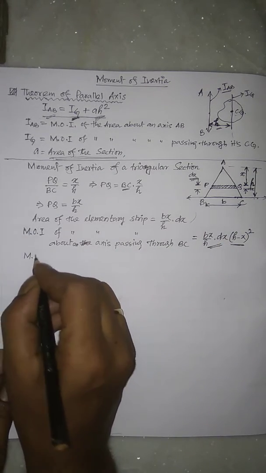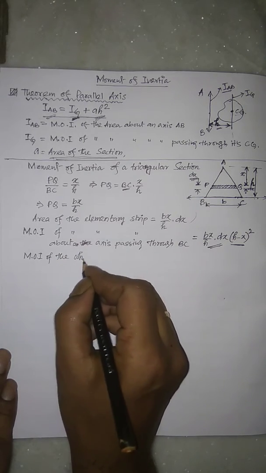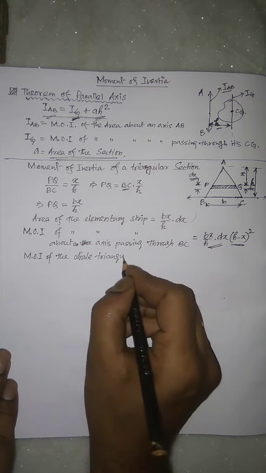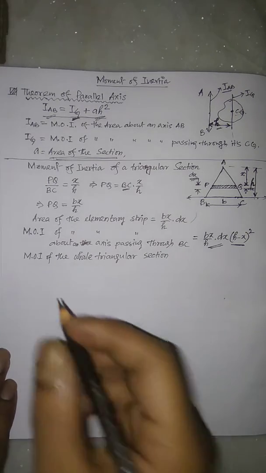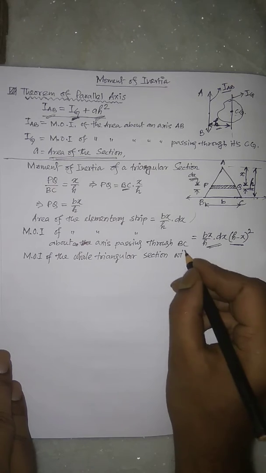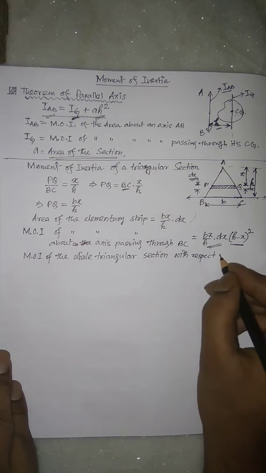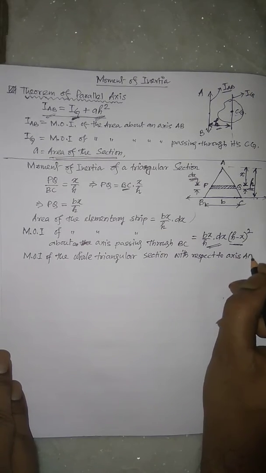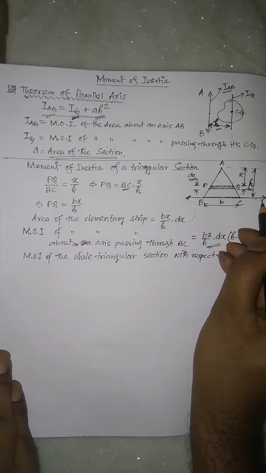So the moment of inertia of the whole triangular section should be equal to, with respect to axis AB, we find out the moment of inertia of this axis.